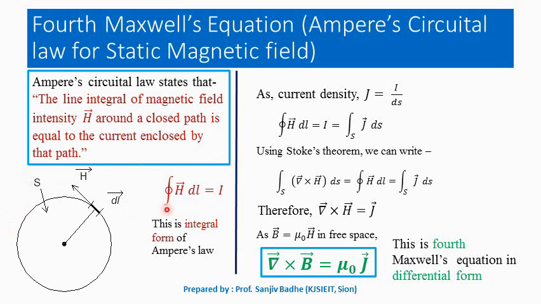So in the mathematical form we can write this Ampere's circuital law as line integral of intensity of magnetic field is equal to current enclosed by that path which is causing that magnetic field.